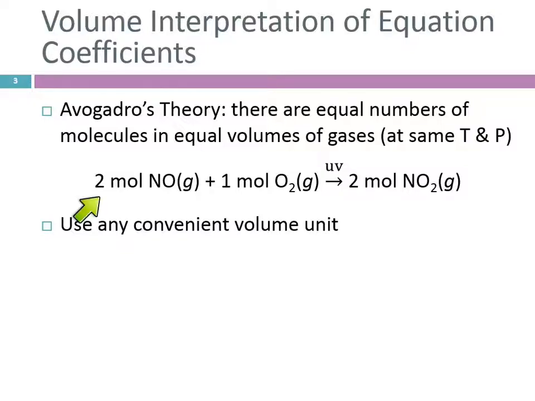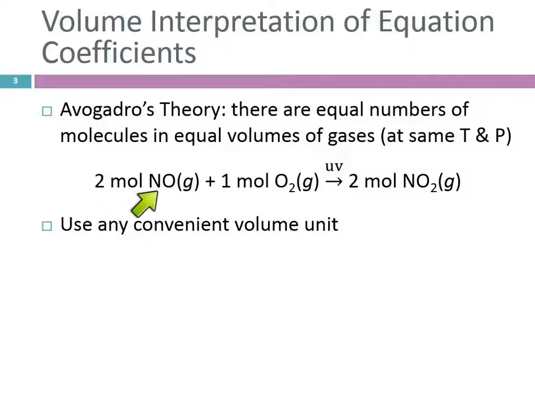So we can interpret this as 2 moles plus 1 mole gives us 2 moles. We can also interpret this in volumes. And you can use any volume unit that you find convenient. Liters or milliliters is probably what we would commonly use. But, you could do cubic yards if you felt like it. But that's not a very scientific unit.